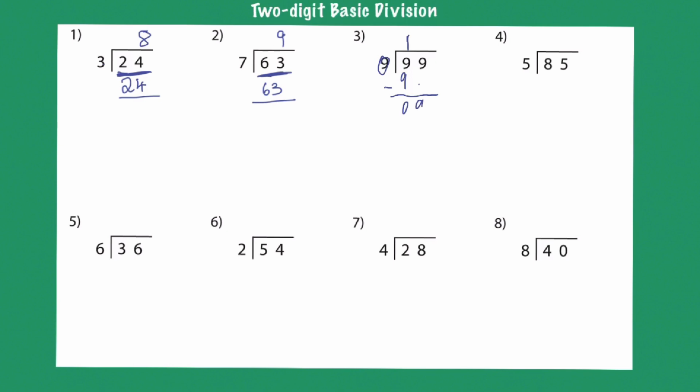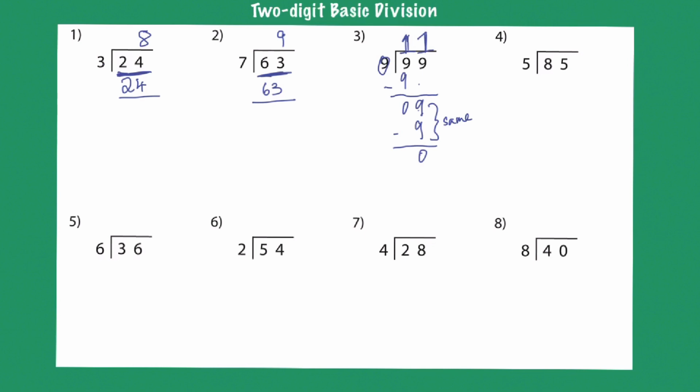Then you bring down this 9 here. How many 9s give me a 9? 9 times 1 gives me a 9. There's no remainder here because the numbers over here are the same, and when they become the same, 9 minus 9 gives me a 0, so there is no remainder. So the answer here is 11.